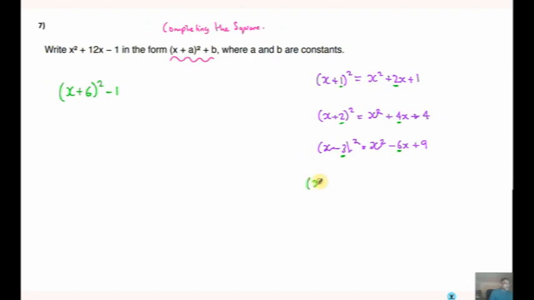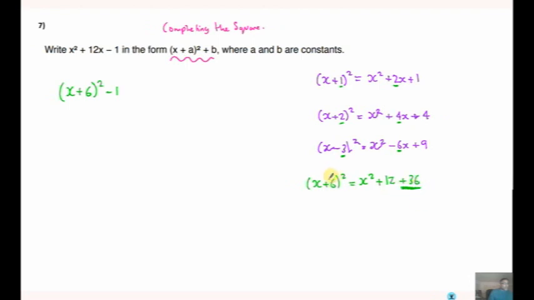Because if I do x plus 6 squared, when expanded out, that gives me x squared plus 12x. So we've got the first bit correct, which is fine. But when we expand it out fully, we get plus 36.